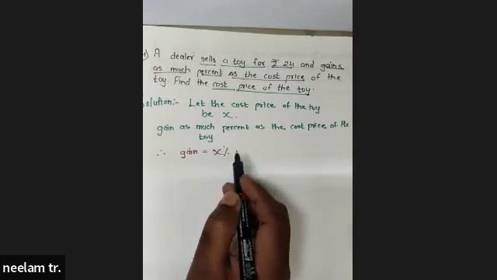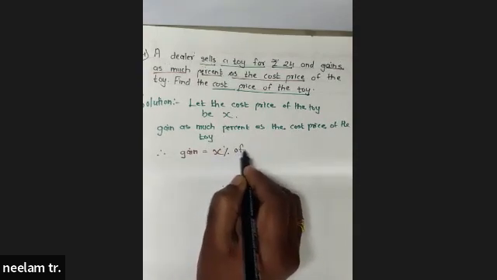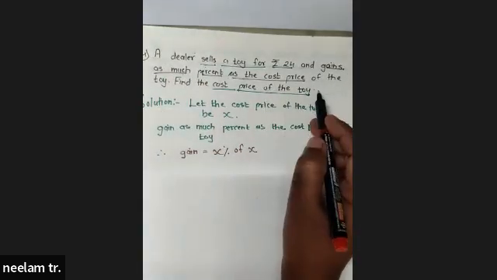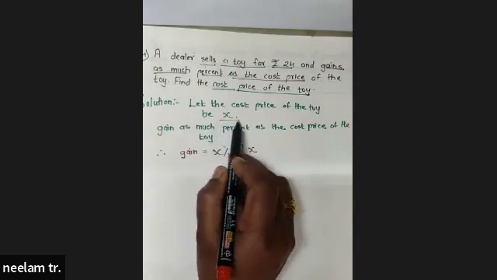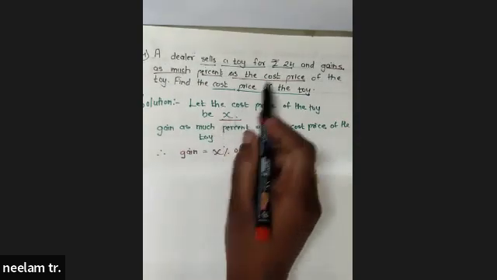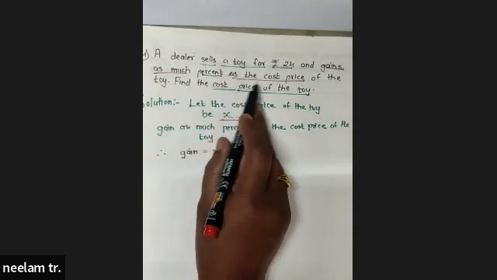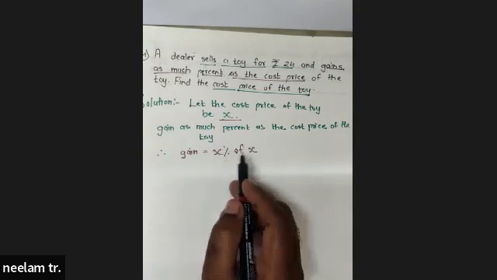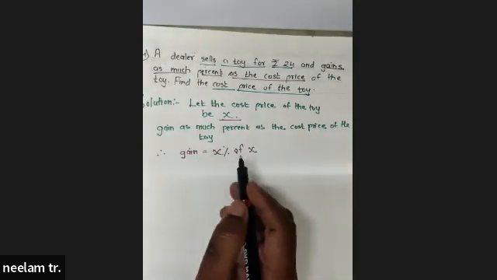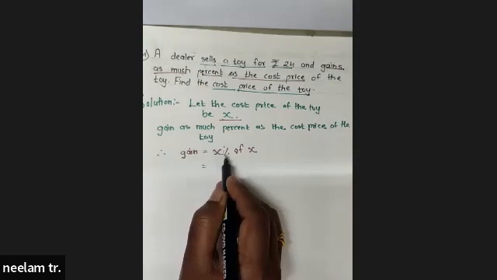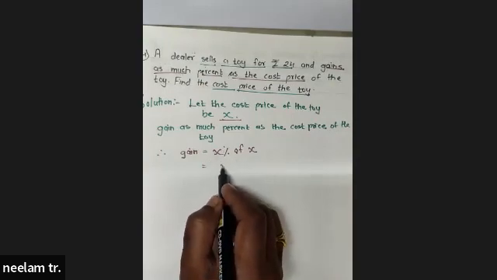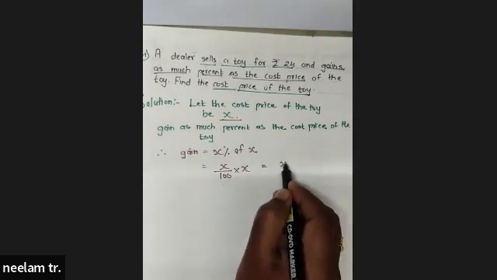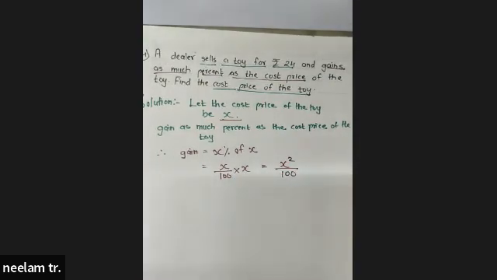That is X% of X. Gain as much percentage of the cost price. What is your cost price? Your cost price is X. So the gain is as much percentage as the cost price. How will you take this out? X percentage means X divided by 100. X divided by 100 into X is equal to X square by 100.